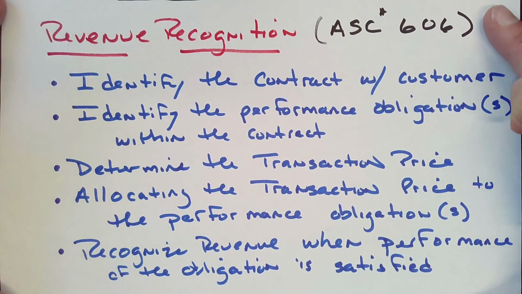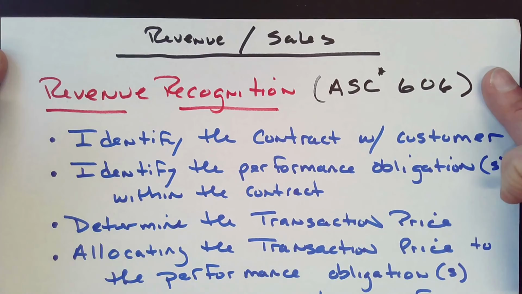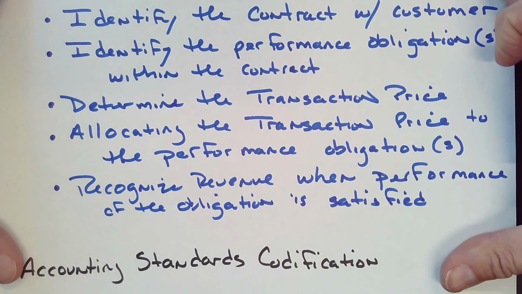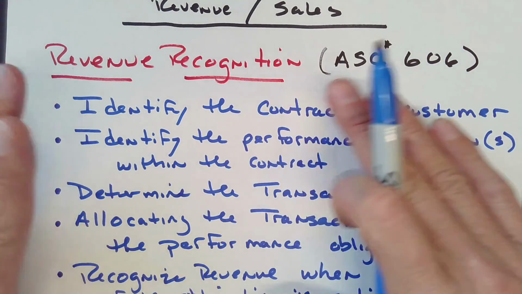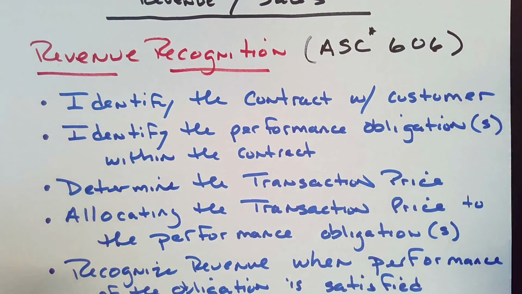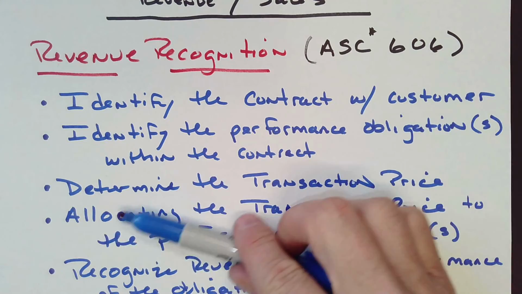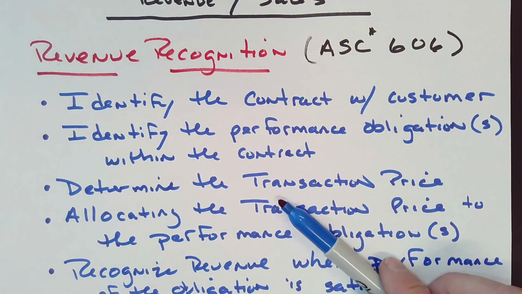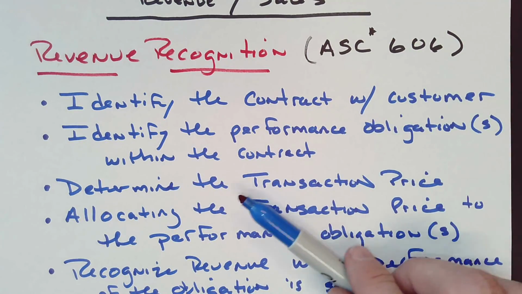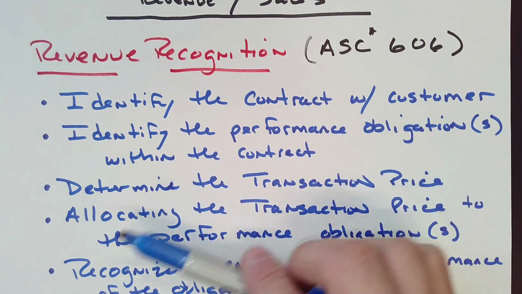So this is your revenue recognition standard, right? In ASC, which is Accounting Standards Codification 606. And this dictates everything that you need to do. Now, there's going to be some questions about some of this stuff. And you should question it. And we'll get into some of these weird things as we move forward.